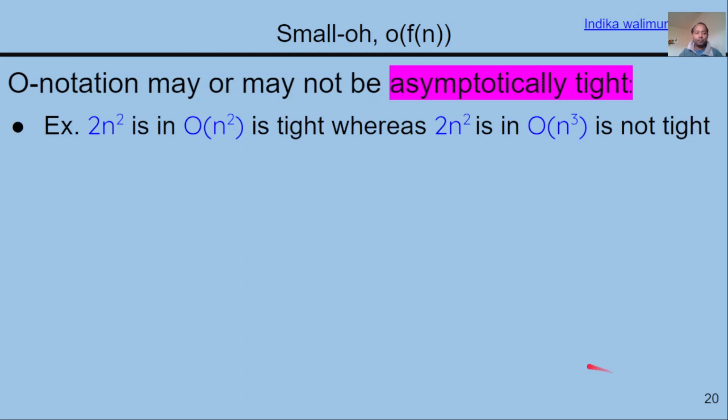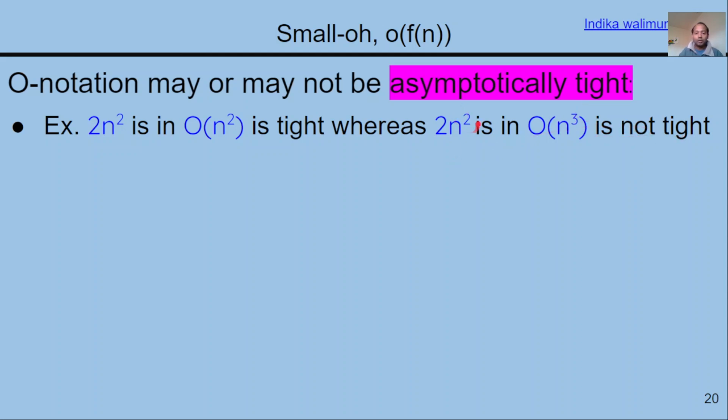For example, if we take 2n², it's in big O of n², and it is tight. If we take the same function, we can still say that it's in big O of n³, but it is not tight, right?